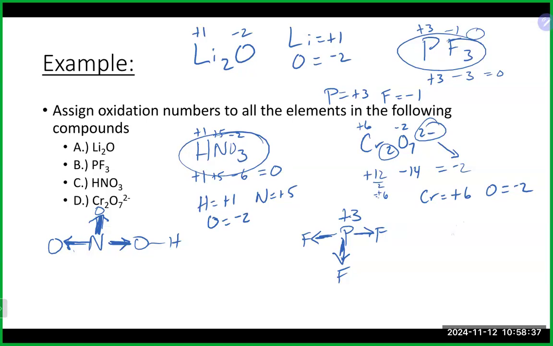We talked about chlorine earlier, in chloride, which is -1. But if you hook it up in chlorate, it looks something like this, also with some dots there.